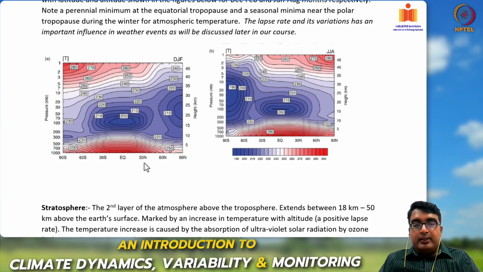So equator, 30 degrees north, 60 degrees north, 90 degrees north, the northern hemisphere, and 30 degrees south, 60 degrees south, 90 degrees south, which is the southern hemisphere. And this is the altitude in kilometers, 0, 5 kilometers up to 45 kilometers. Remember, the troposphere is around 15 kilometers to 8 kilometers, right?